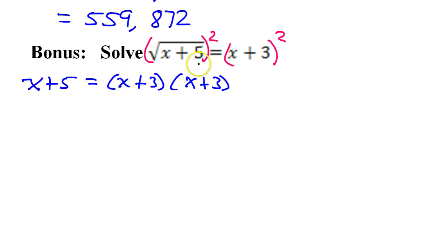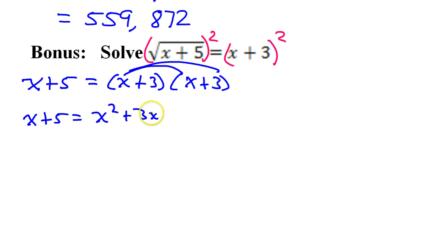So I'm going to have to double distribute or FOIL or whatever you want to call it. So I'm going to have x plus 5. But over here, I've got x squared plus 3x, and then I've got plus 3x plus 9.